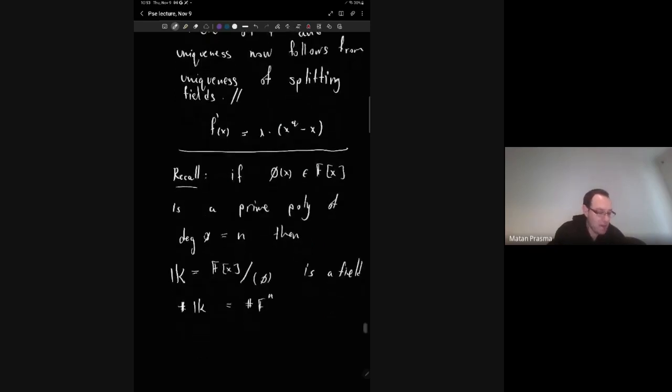Right? Because K, I remind you of our definition, is the set of all remainder polynomials by taking a long division with phi. So this is the set of all, let's say, R(x) equals a0 plus a1 x plus ... plus ak x to the k, where the ai are in F, and k is some integer strictly smaller than n.